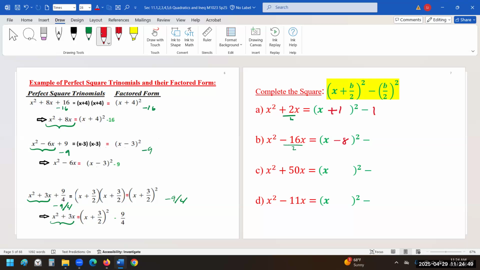That amount squared. So what is negative 8 squared? Negative 8 times negative 8, 64. You add half of B, but you subtract half of B squared.